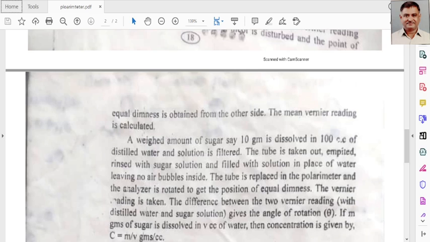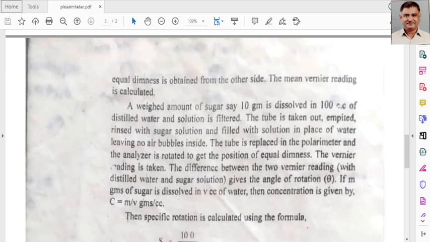We have to take care that it should not have any type of air bubble inside it. Then the tube is replaced in the polarimeter and the analyzer is rotated to get the position of equal dimness. The vernier reading is taken. Then the difference between the two vernier readings, with distilled water and sugar solution, gives us the angle of rotation theta.